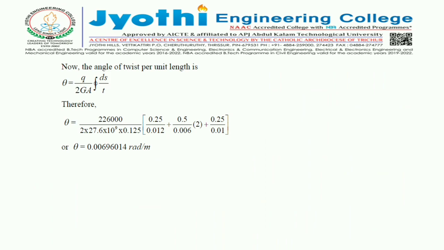Integral ds by t is given as ds, the length of that section, by corresponding thickness. So integral ds by t of overall section or cell is given by 0.25 by 0.012, 0.5 by 0.06 into 2, 0.25 by 0.01, and theta is given as 0.0069 radian per meter.